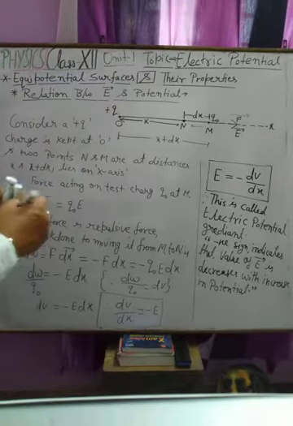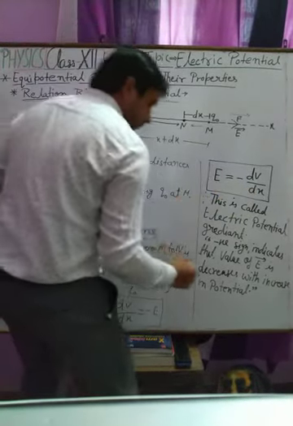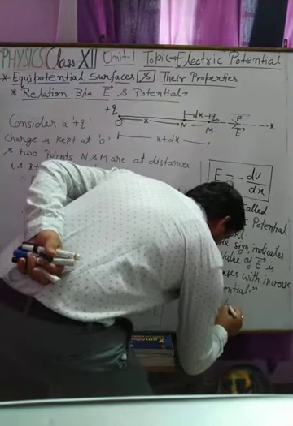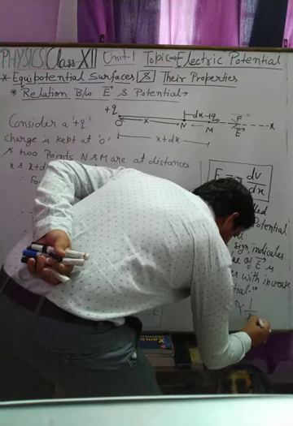Okay, and here also x is distance, so electric field is 1 upon r.